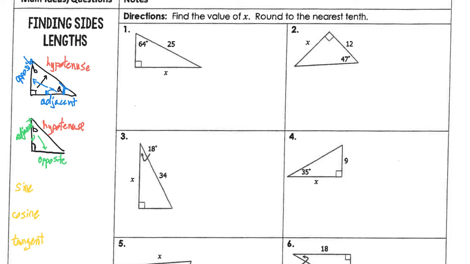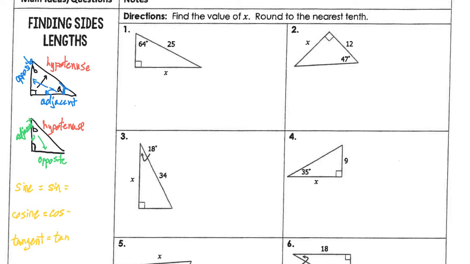There are actually three more that you might learn later in pre-calc, but for now, these are all we're going to talk about. Each one has an abbreviation. They just use the first three letters. So we have sine, S-I-N, cosine, C-O-S, and tangent is T-A-N.